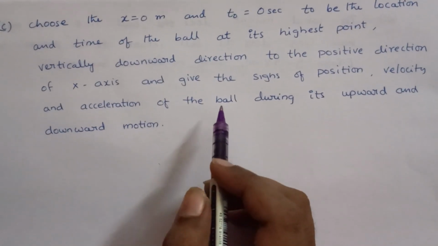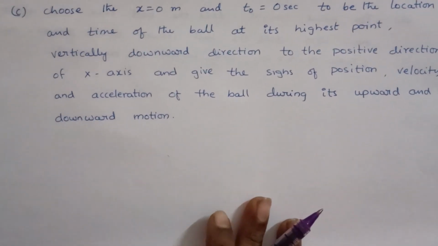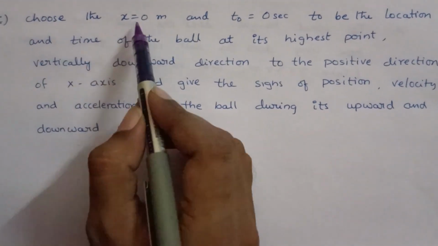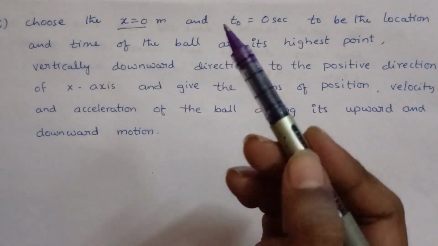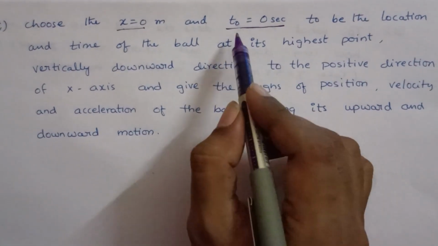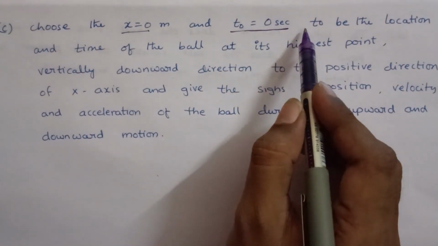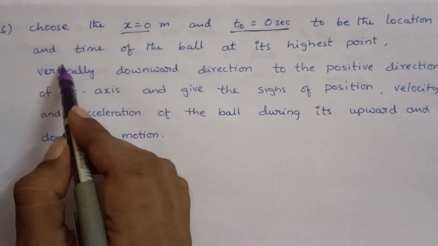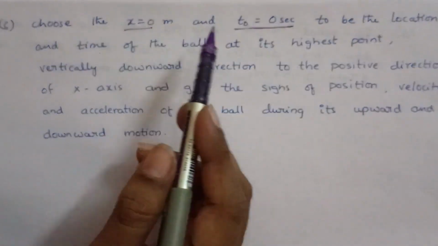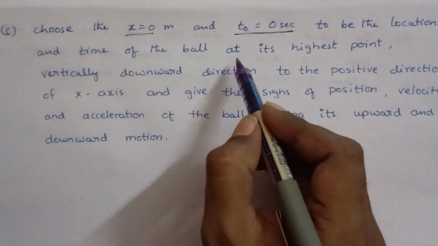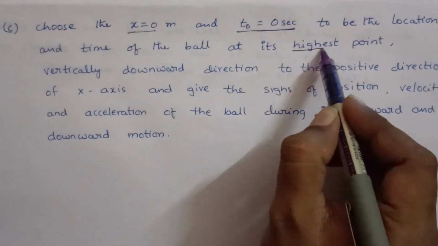Next, C, the third question. Here he has given: choose x equal to 0 and t equal to 0 seconds as the location and time of the ball at its highest point.